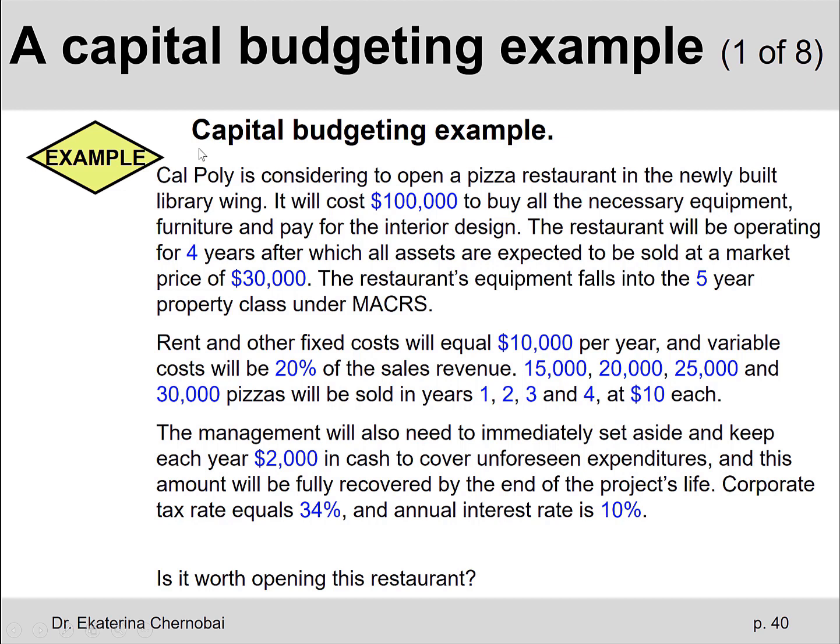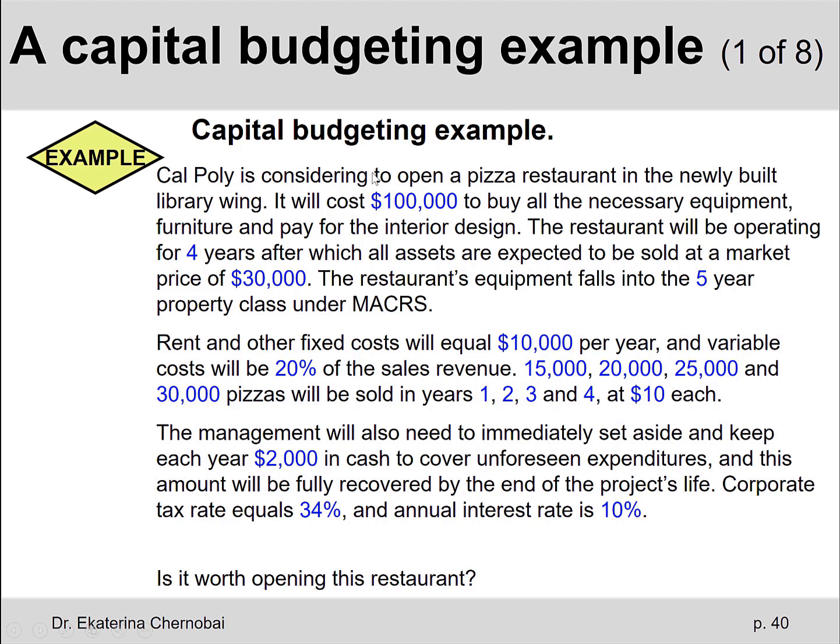Technically, there are other methods to evaluate an investment opportunity, like we saw in Chapter 9, such as the internal rate of return approach, the profitability index approach, and the payback period approach. But in the previous chapter, we saw how every approach has its own advantages and disadvantages, but the net present value approach is by far kind of the cleanest one of all. It has the fewest problems with it.